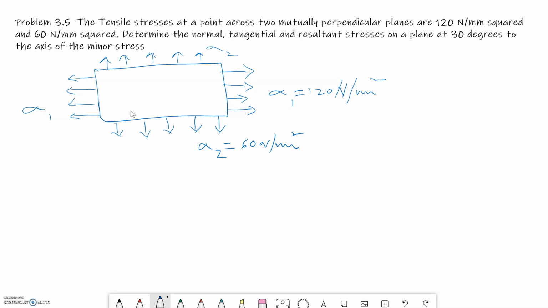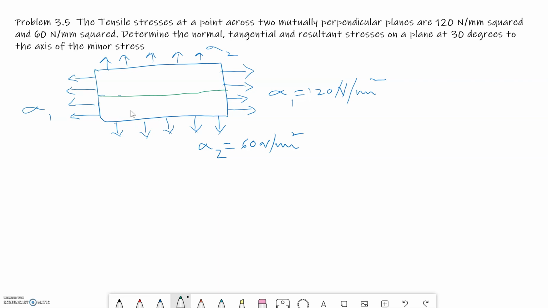Now, we know that the axis of major and minor stress from these two, sigma 1 and sigma 2, we can understand that 120 is greater. So that will be the axis of major stress. So let me pick up a different color.